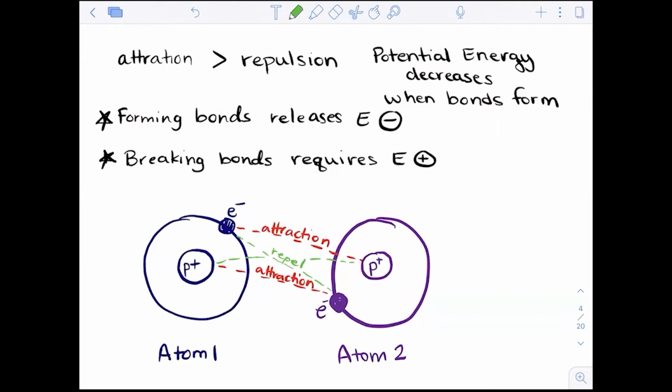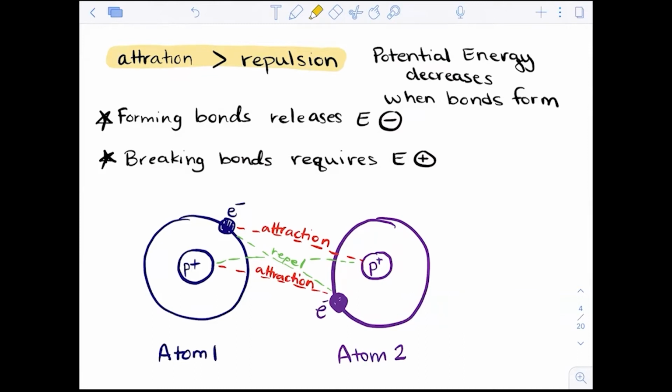They are trying to overall have their attractions more favorable than their repulsions. If in nature we do not see these bonds form, it's because they're not attracted to each other enough. Those bonds aren't forming because they don't have anything to put them together.